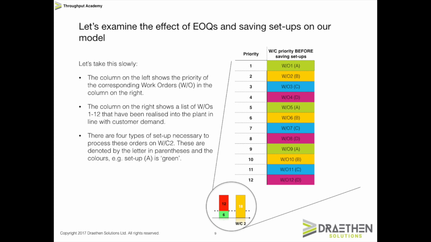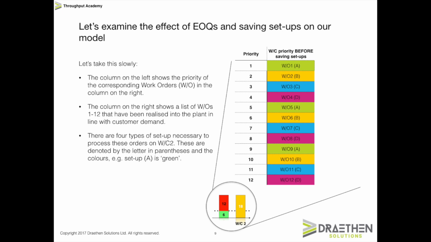What people tend to try and do is that they know about EOQs, but they also know that their customers rarely give them orders that correspond exactly to the economic order quantity. So this drives a behavior in the plant called saving setups. Saving setups essentially means that you group orders together that share the same setup on the particular machine that you're working on, and you try and produce them in one batch to avoid having to have another setup.